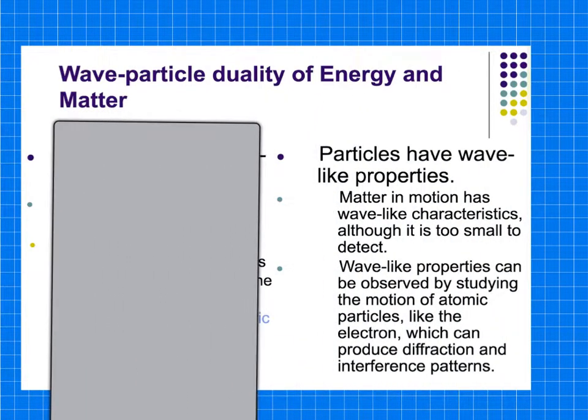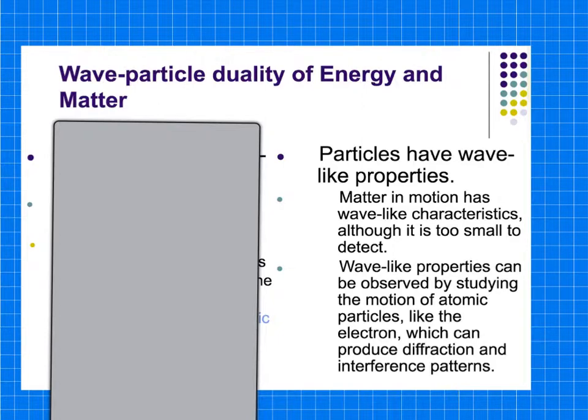And particles have wave-like properties. It's very hard to see this in our macro world, but microscopically and subatomically, when we look at really, really small particles, they actually move in a wave-like pattern. They actually vibrate. And the fact that they're vibrating, we can understand that they can have frequency and wavelength.